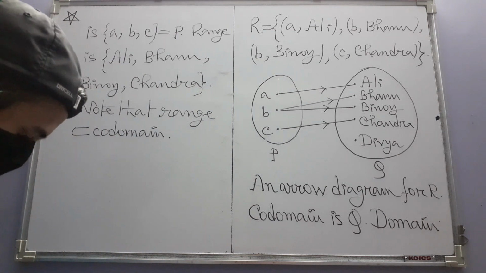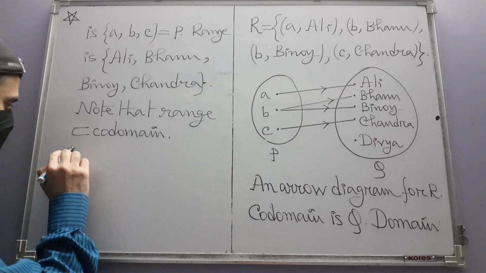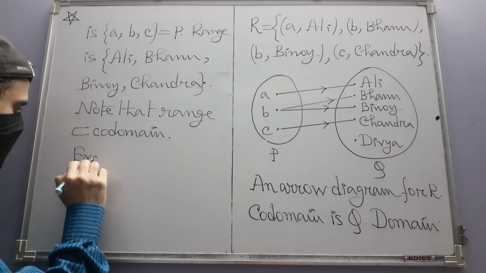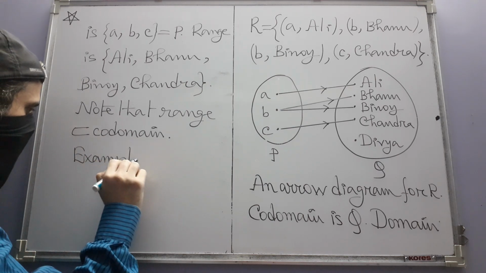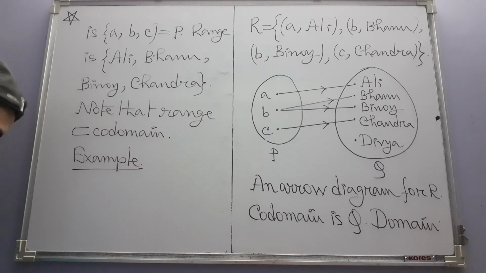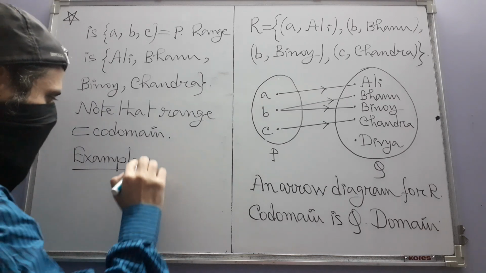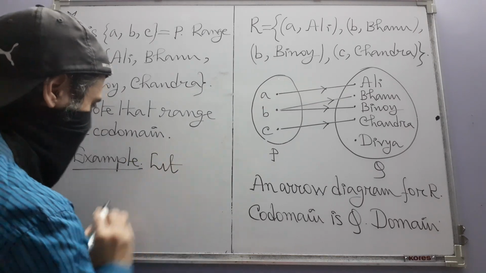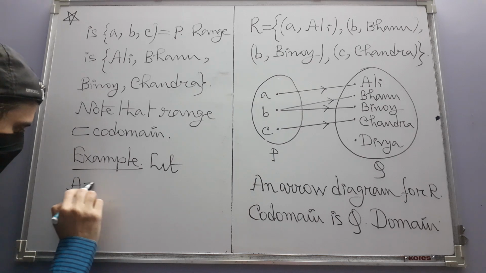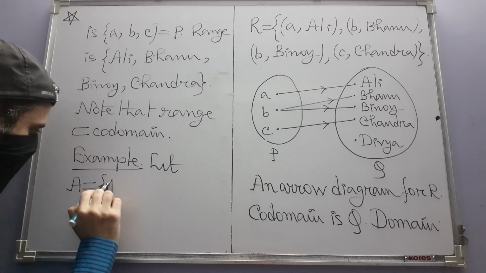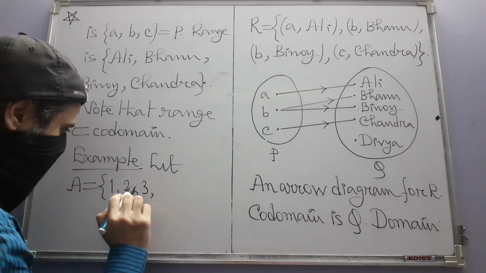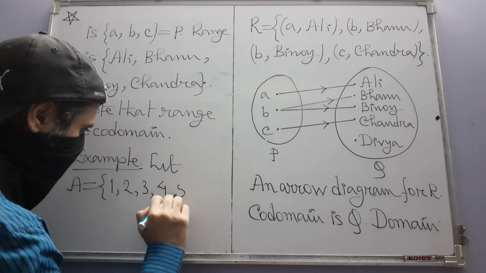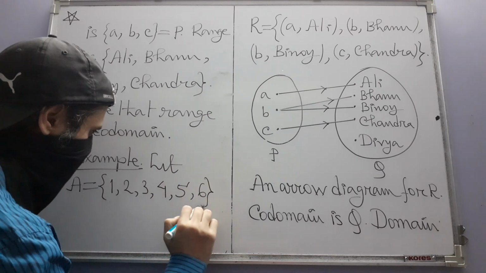Oh, so I can write here itself. Let us see this next example. Let A be the set consisting of the first 6 natural numbers.